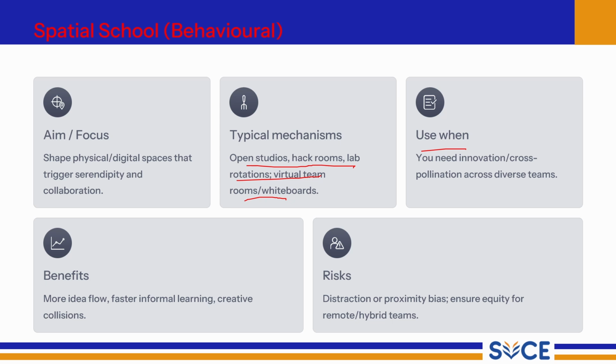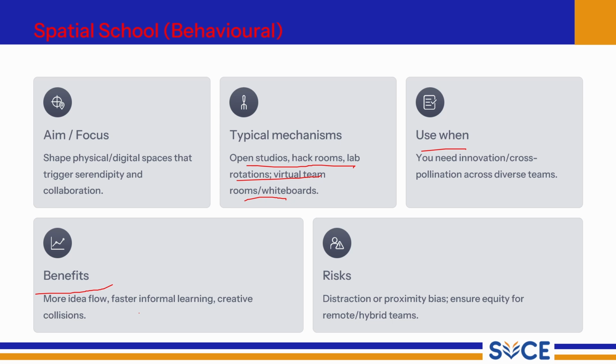Here, the benefits are more idea flow, faster informal learning, and creative solutions. The payoff is a richer flow of ideas, accelerated informal learning, and breakthrough creativity through unexpected connections.